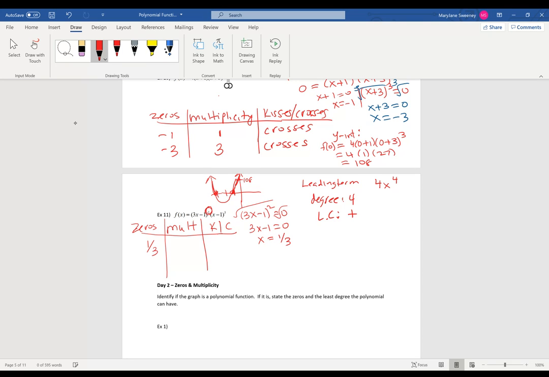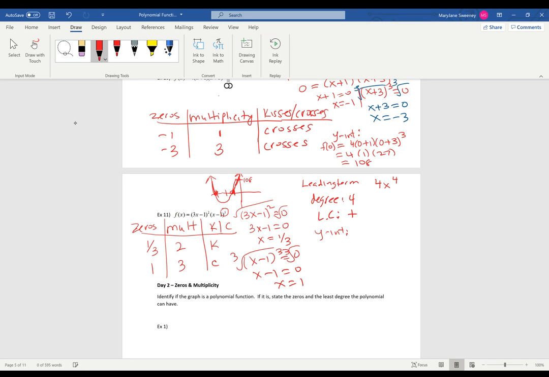It has a multiplicity of 2. If I set the other one, (x - 1) cubed, equal to 0, cube root, x - 1 equals 0, x equals 1. That has a multiplicity of 3. So kisses, crosses: even multiplicity, it kisses the axis. Odd multiplicity, it crosses the axis.